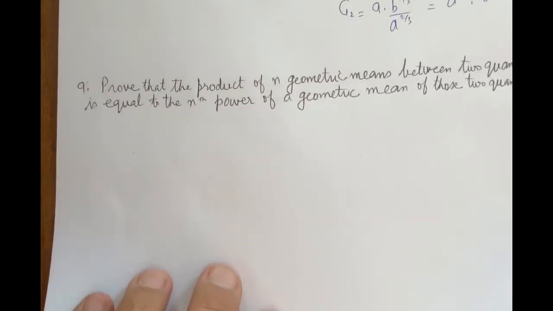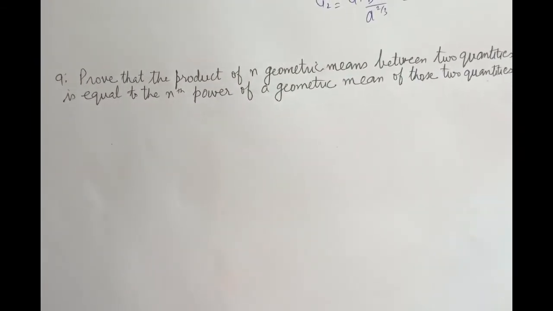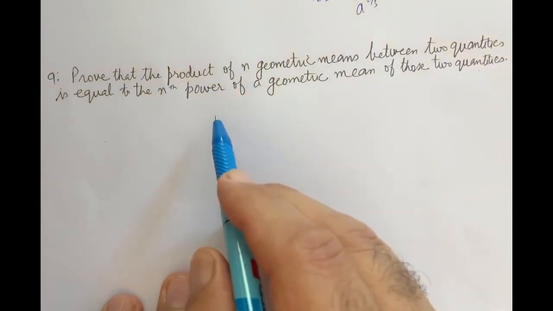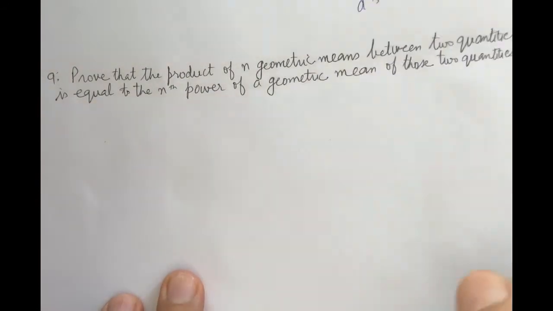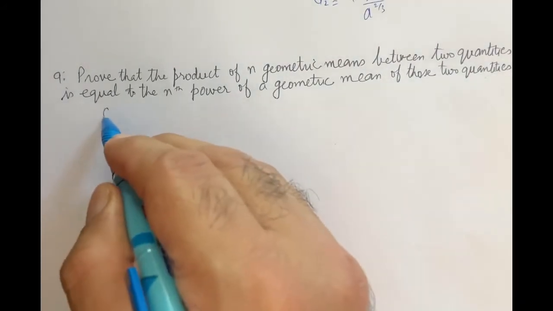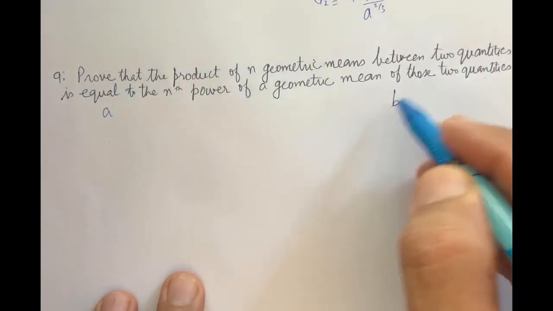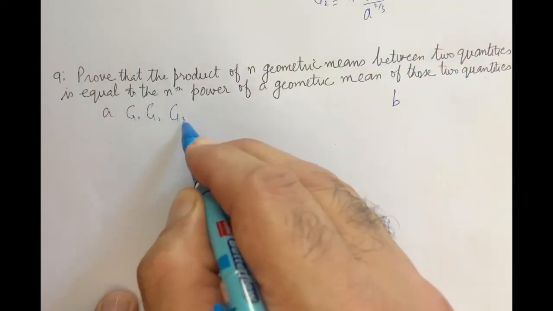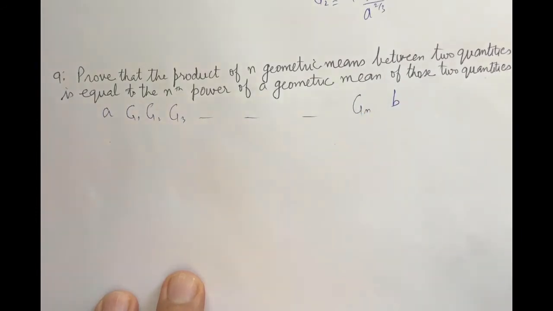The next one, we have to prove that the product of n geometric means between two quantities is equal to the nth power of the geometric mean of these quantities. So let's say the two numbers or two quantities are a and b, and these are the geometric means g1, g2, g3 and so on up to gn.